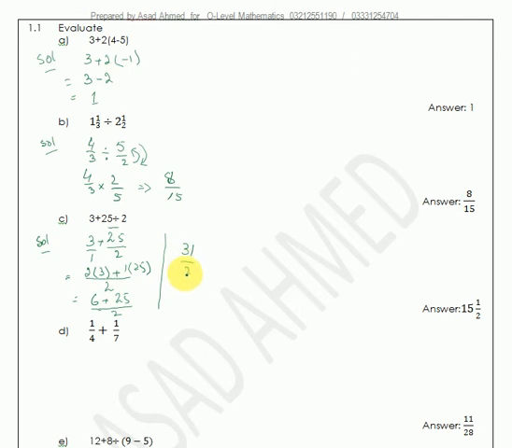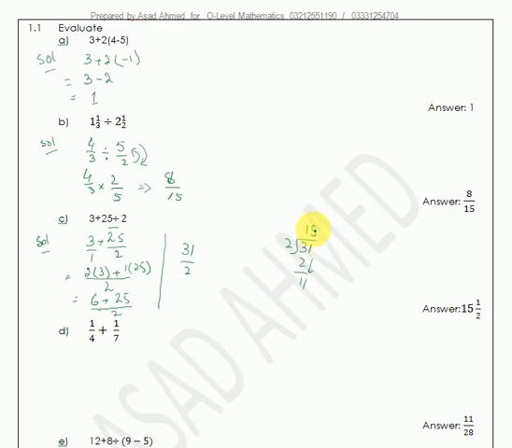Now in this case the denominator is less than the numerator, so we have to write the answer as a mixed fraction, for which we have to divide 31 by 2. 2 ones are 2, 1 is remaining, so we shift the 1 here, that is 11.